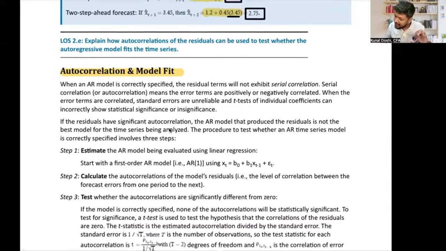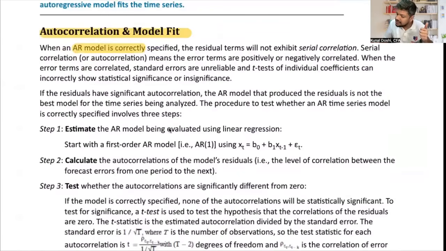First of all, when the AR model is correctly specified, meaning it meets all the covariance stationary properties, then it will not exhibit serial correlation. Serial correlation means the error terms are positively or negatively correlated between the periods. When the error terms are correlated, the model is unreliable and the t-test of individual coefficients incorrectly shows statistical significance.